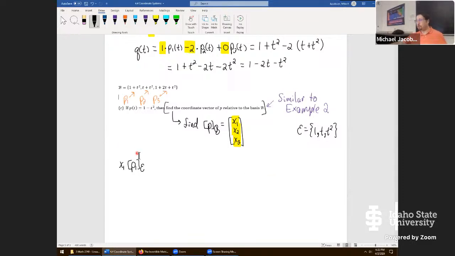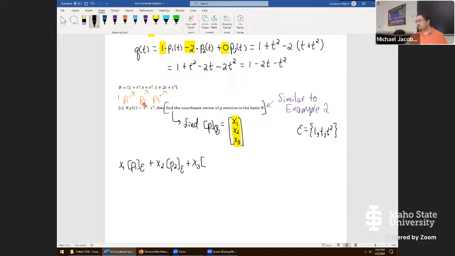So next, we'll map this one back into R3, where all of our work is a lot easier to get through. Then go plus x2. We're not going to work with that one directly either. We're going to map it. So P2 coordinates relative to the basis E, the standard ordered basis.